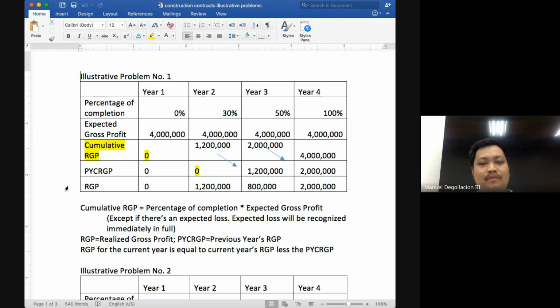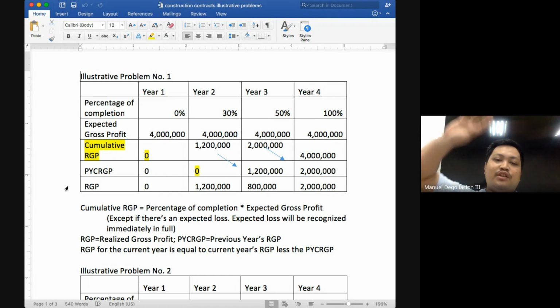And then, is that already the RGP for year 3? The answer is no. What are you supposed to do? Deduct the previous year's cumulative RGP. How much is the cumulative RGP last year? 1.2 million. So 2 million is the gross profit that you have earned at this point.